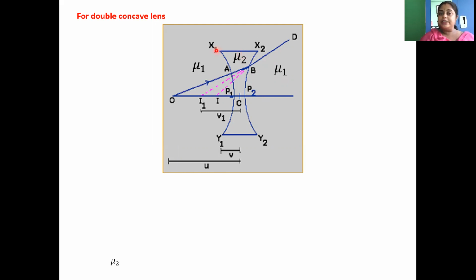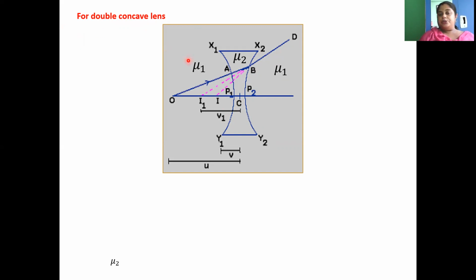You can see from the ray diagram, one surface is X1 P1 Y1, and another surface is X2 P2 Y2. Two surfaces are there, and both surfaces are concave. So it is a biconcave or double concave lens. We will use a similar formula, similar steps, and similar assumptions.